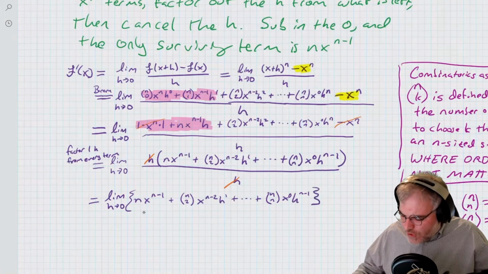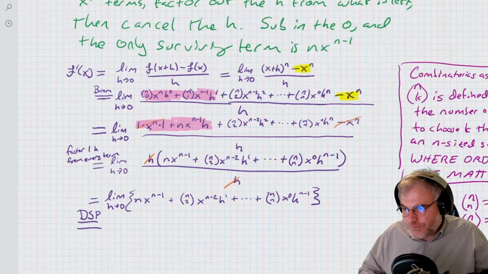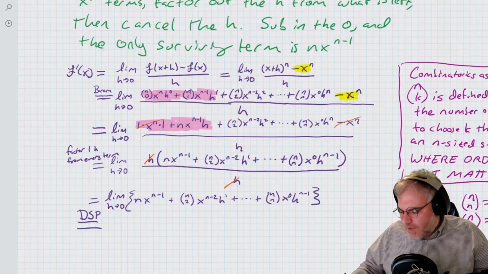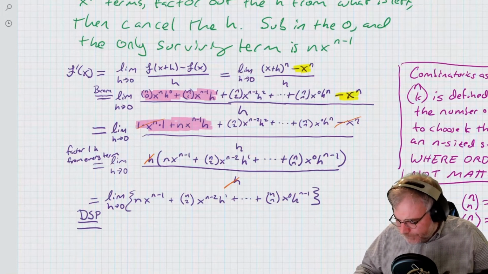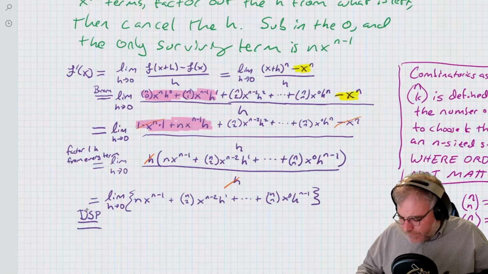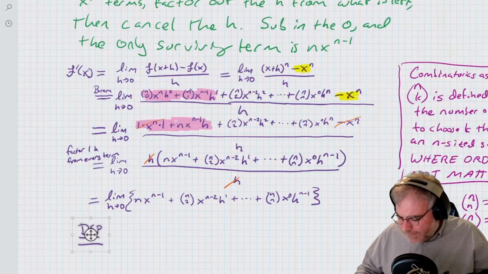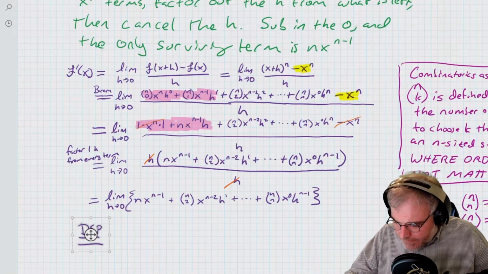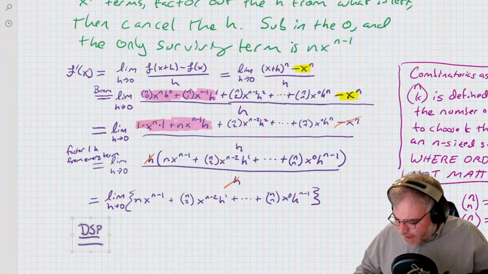Now, every term has an h in it, and this is a polynomial in terms of h. Every term has an h in it now, except one.